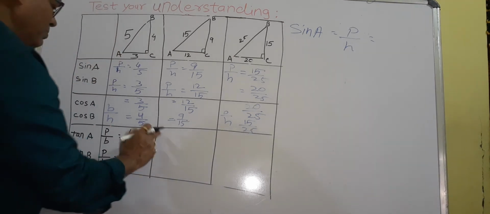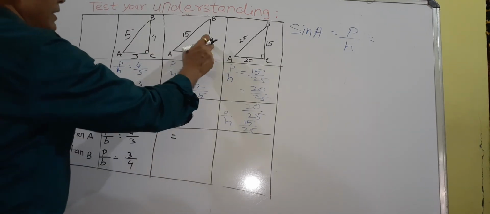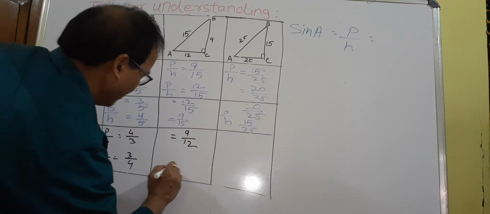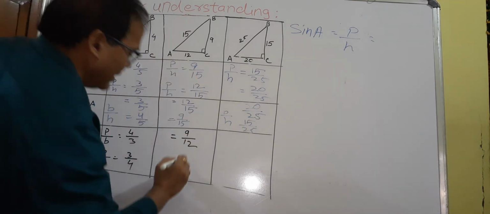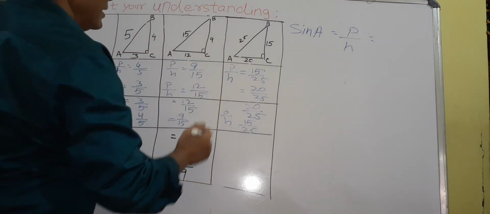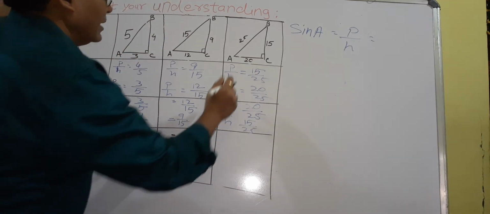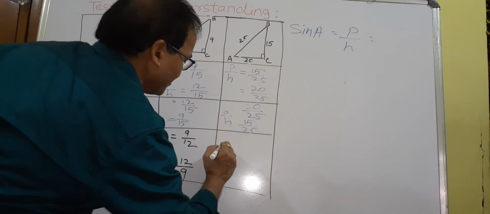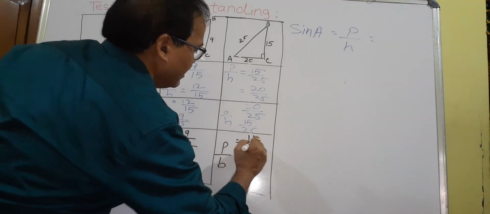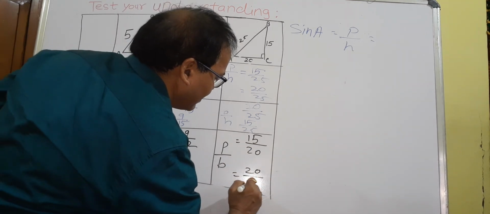In this way, if you come here, you will get for angle A, 9 by 12, and for angle B you will get 12 by 9. And here similarly the third one, tan A is equal to 15 by 20 and here 20 by 15.